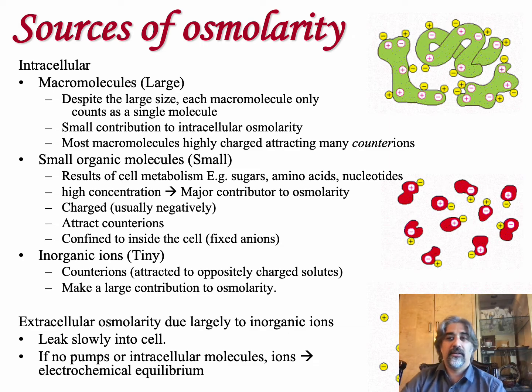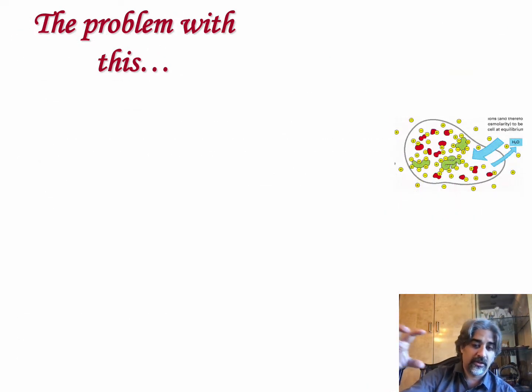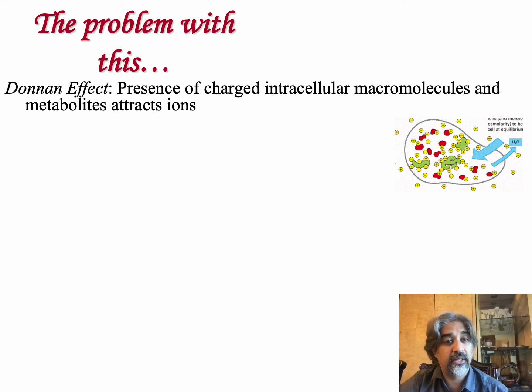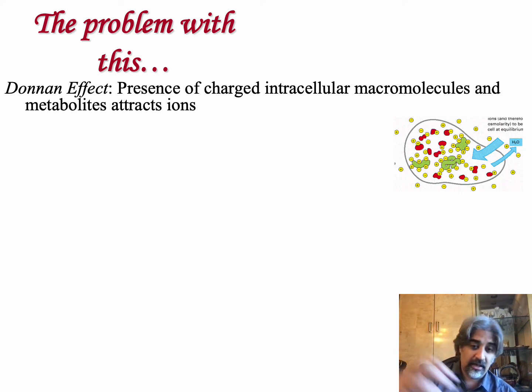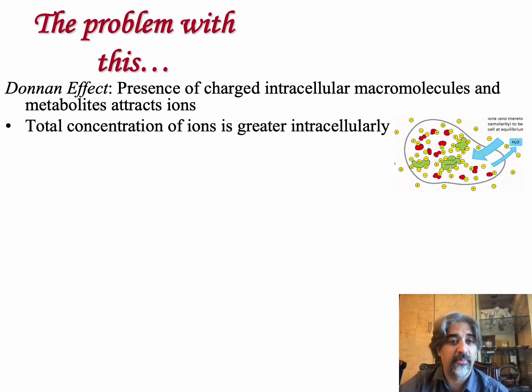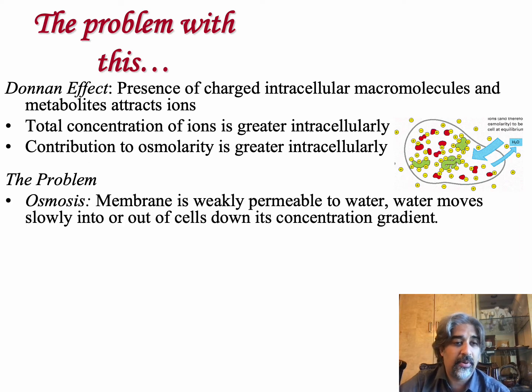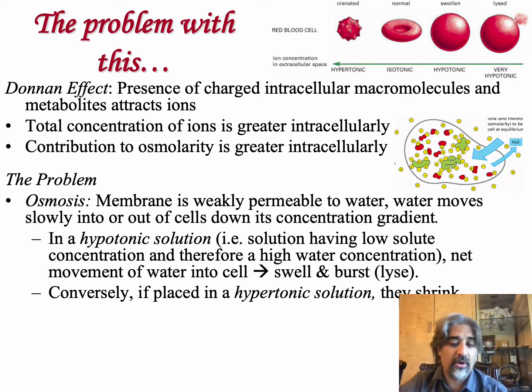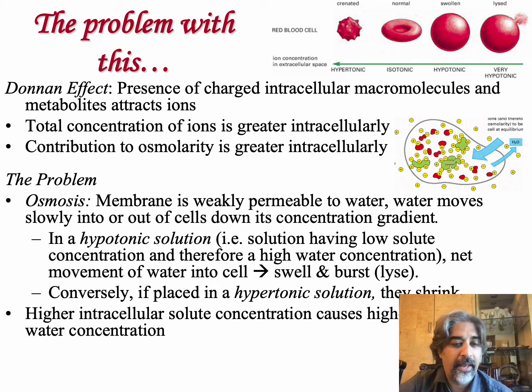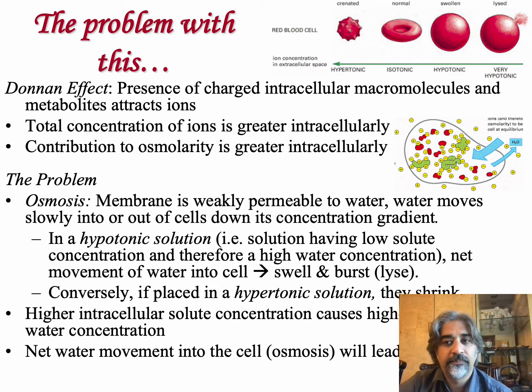And as the macromolecules sit there attracting these counter ions, there's also an attraction of water to the increased concentration inside the cell as compared to outside the cell. The problem with this is that as the water keeps going in, it's going to make the cell want to explode, and that's not a good situation.